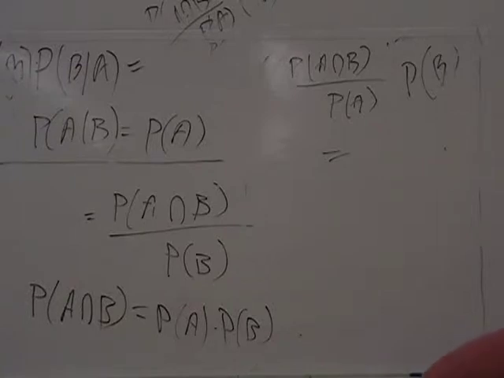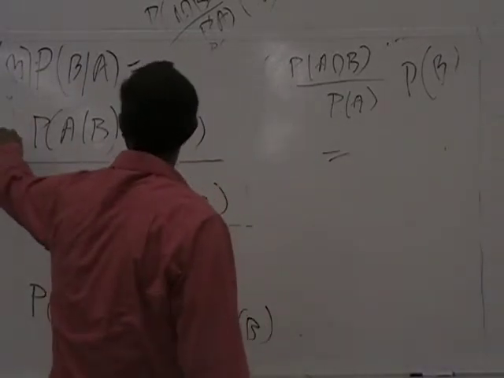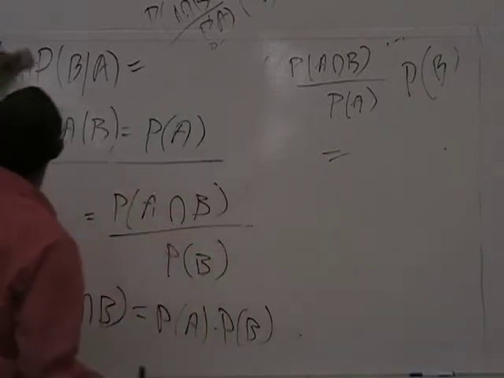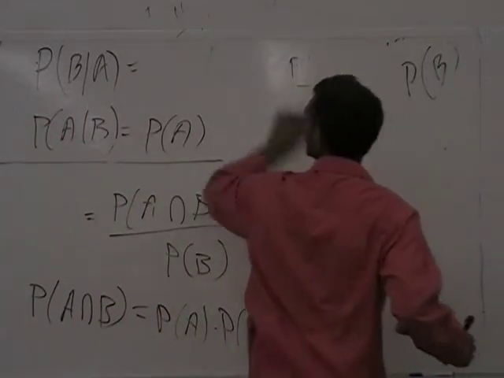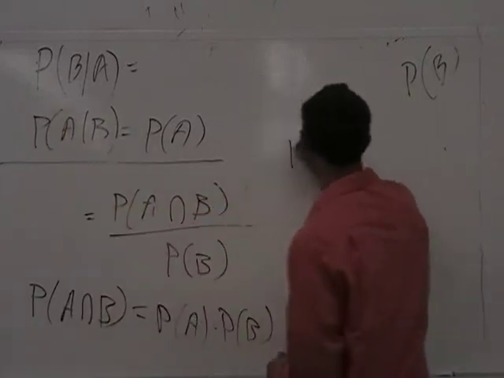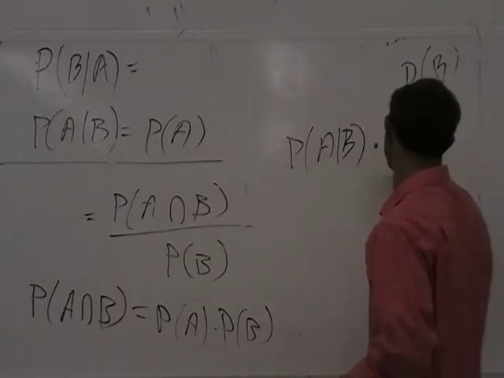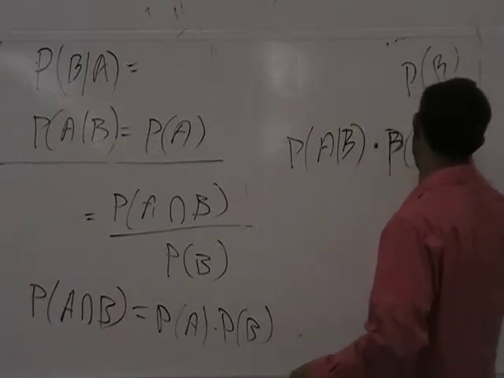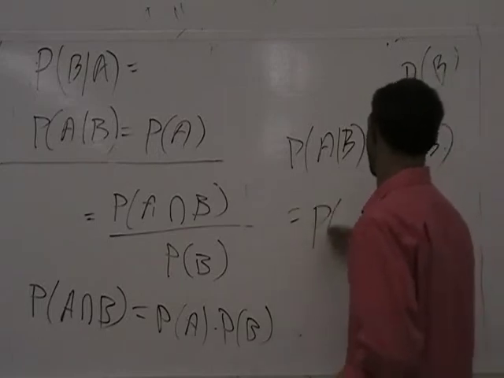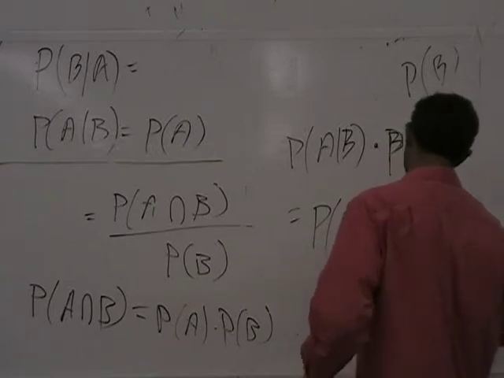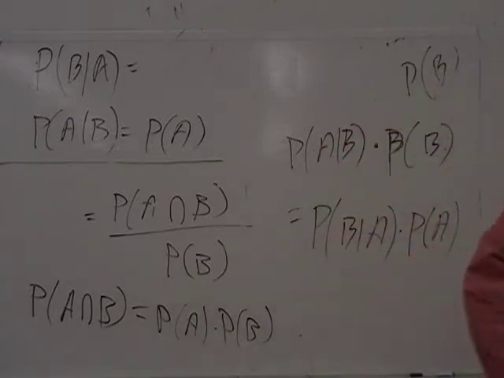A given B times B. Probability of A given B times probability of B equals probability of B given A times probability of A. That's what my flipping around probability thing is.